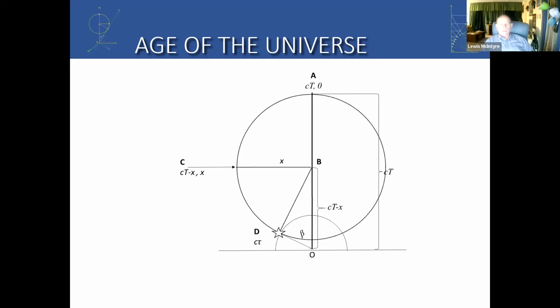Light actually left the star at the proper time D, equal to the invariant square root of our measured time squared, less our measured distance squared. This was the age of the universe as measured by the emitting star when the light we now observe was actually emitted. In this case, 6.7 billion years after the Big Bang.